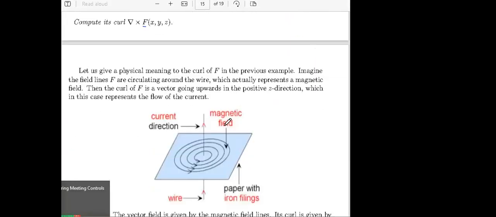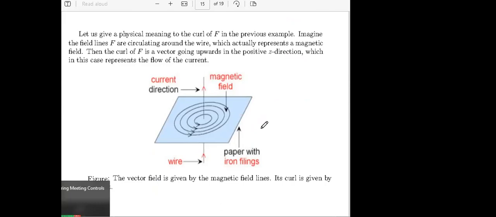All right, so here we go. Here is a practical problem. This is your paper. Take a paper and spread iron dust. Spread the iron dust and set a wire through this paper, and apply some current. Then you will see some rings appearing on this paper.